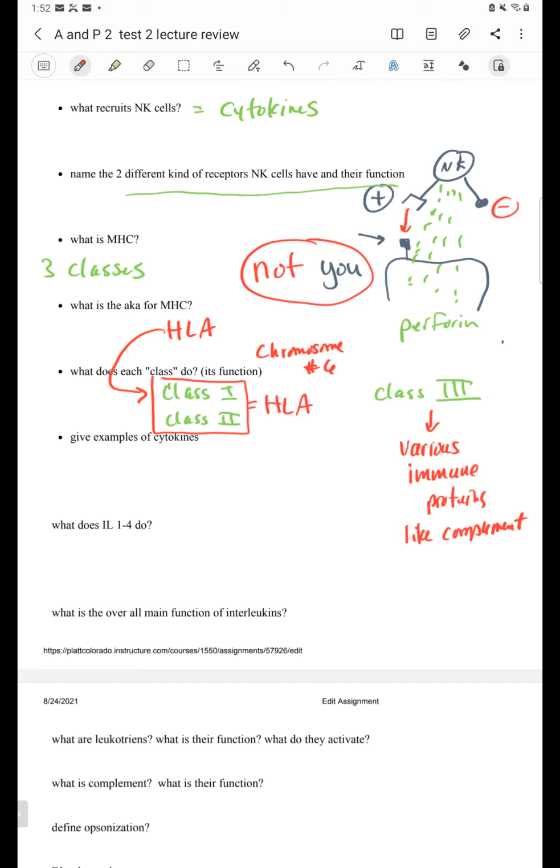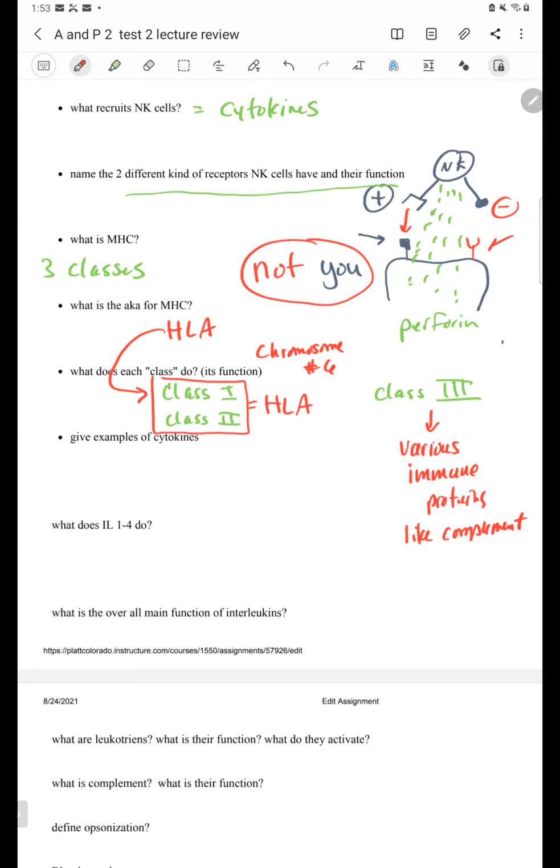So Class 1 is an HLA function, human leukocyte antigen. It's found on your nucleated cells. It does present different protein fragments, a peptide, at the surface of the cell, so you can recognize self from non-self, and that's what we drew up here earlier.